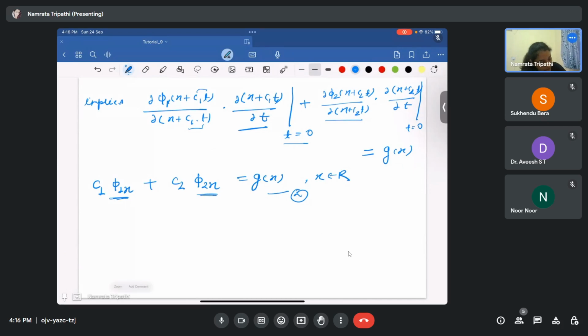After integrating with respect to x, you will get the integral from x naught to x, let's say. Here we can write some s, d of s, c1 phi 1 dash s d of s.